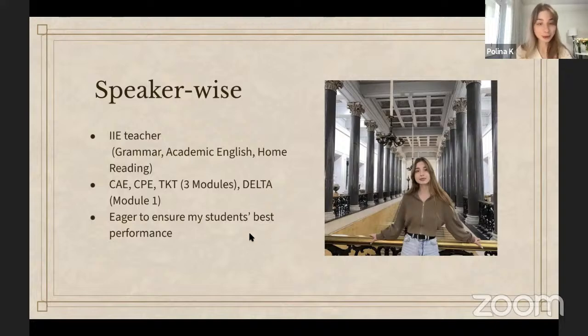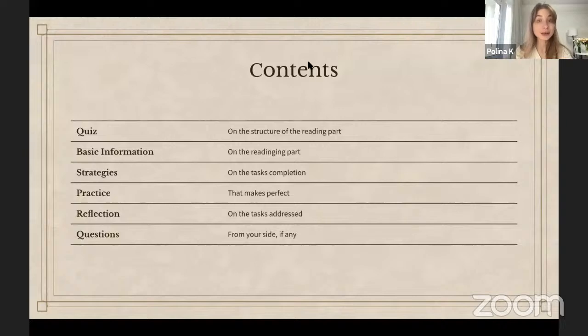So moving forward, let us take a look at the contents of our today's meeting. First of all, I will ask you some questions on the reading part of the exam, seeing how well you know its contents, what the tasks are about, how many points we can get, and so on. Then further, I will share some basic information on the reading part.